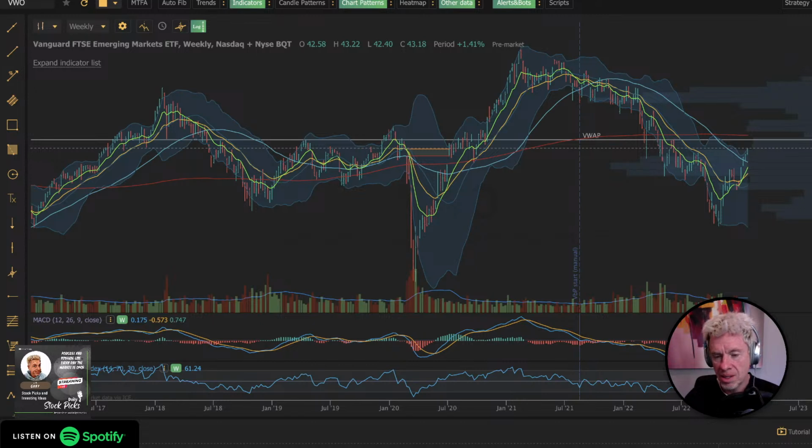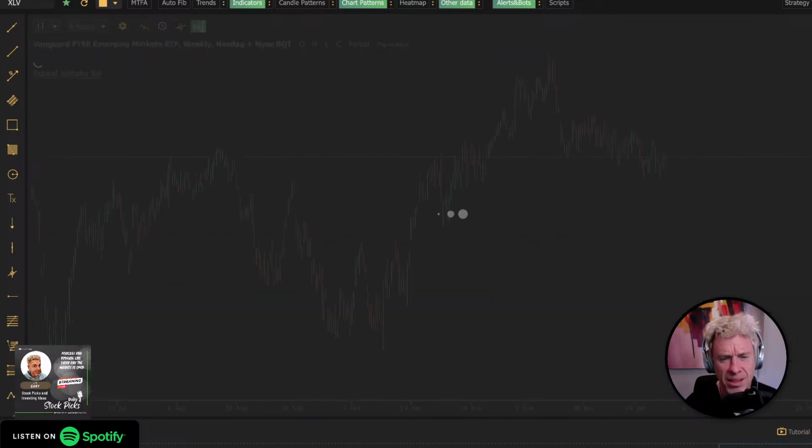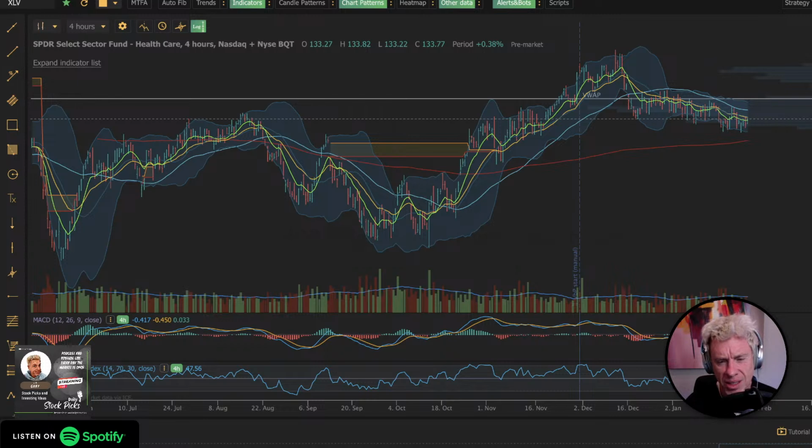Okay, we have XLV, which I think crossed up yesterday too. How did that cross up again? It's on a slide down. These are tough. These are super tough, even the spider sectors.